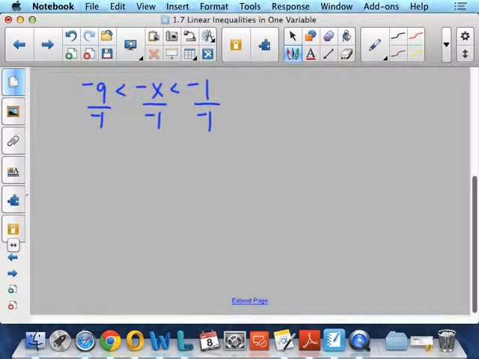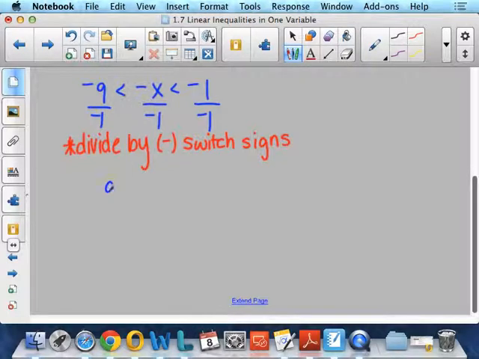Okay, so here's the trick. When you're doing inequalities, if you divide by a negative, then you have to switch the signs. So negative 9 divided by negative 1 is positive 9.